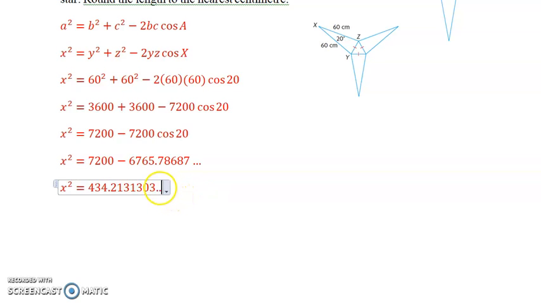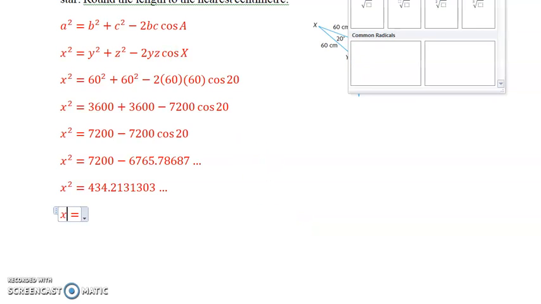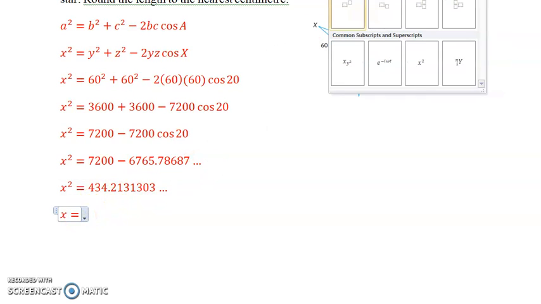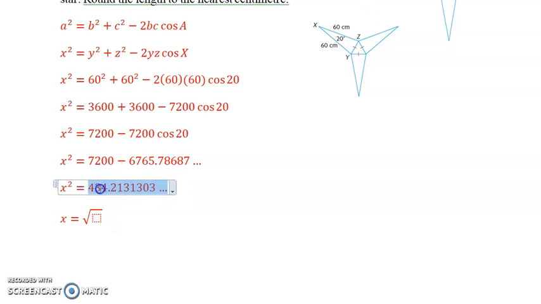All right, and now I just have to take the square root of both sides. So x equals the square root of this number. Again, I'm going to show you how to leave that in your calculator when you're using the calculator that we have in the class here.